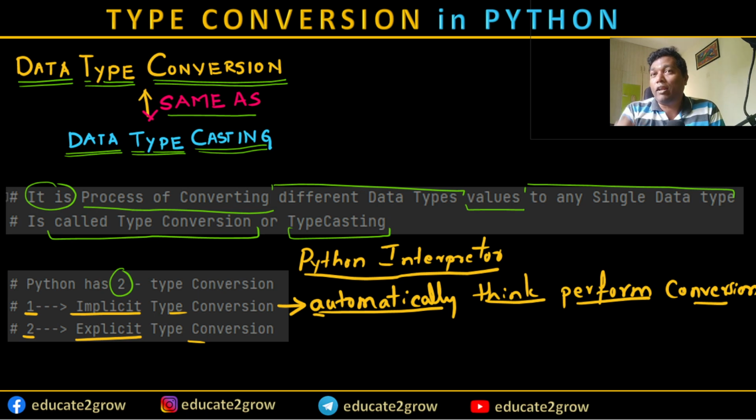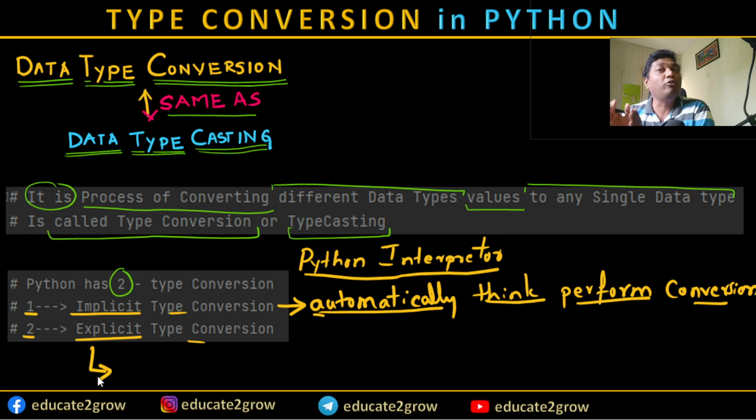Before that, I'll explain explicit as well. Explicit, what exactly does it do? The Python interpreter is not capable enough to convert certain data types to whatever you want. It does not have a mindset for that, but there are functions written to convert.